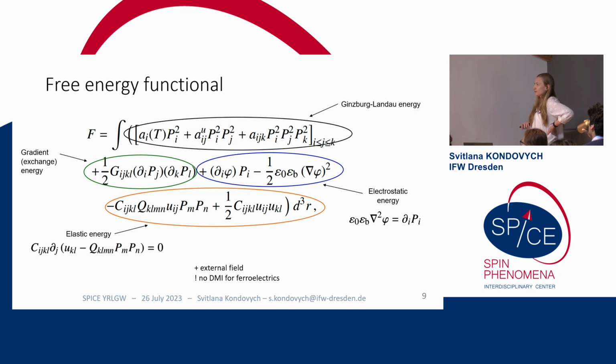So how to describe a ferroelectric? The theory is a continuum theory which we use for any ferroic material with its peculiarities. So we have this phenomenological Ginzburg-Landau energy, which is the expansion of the free energy in series over polarization components, and gradient or exchange energy, electrostatic energy or dipole-dipole, and elastic energy that we also have to take into account.